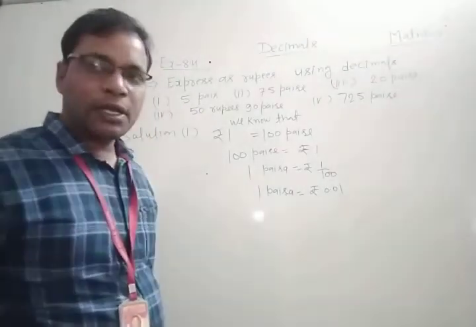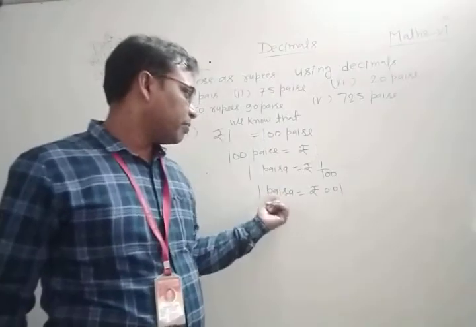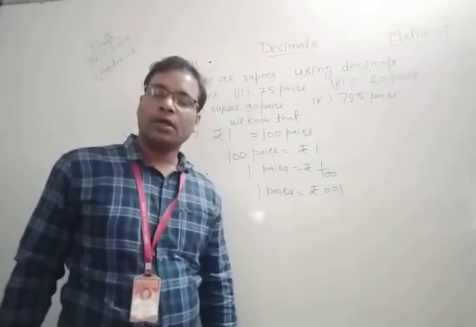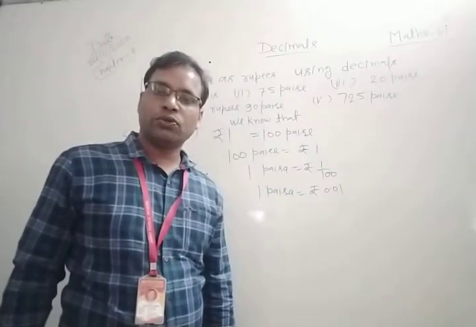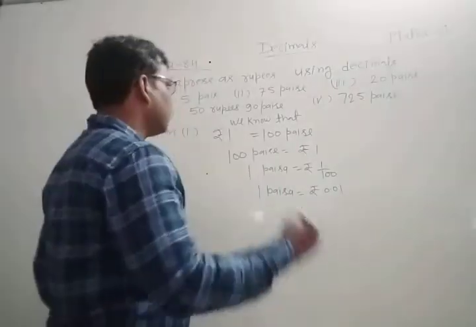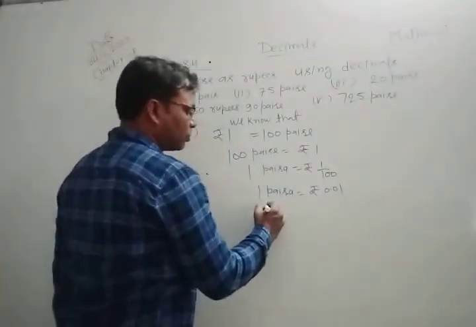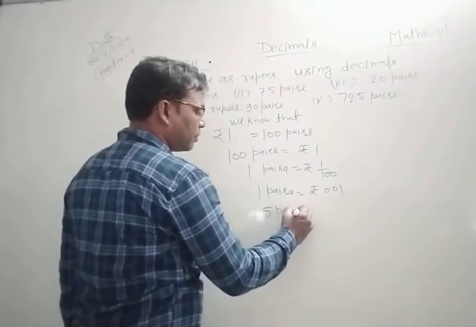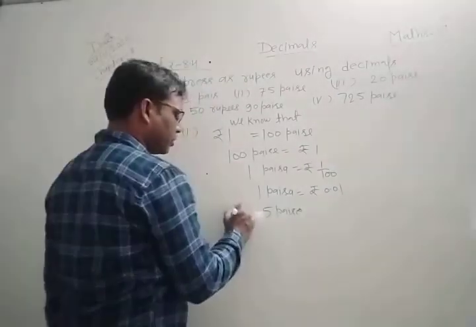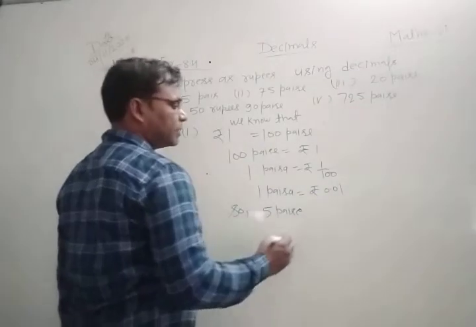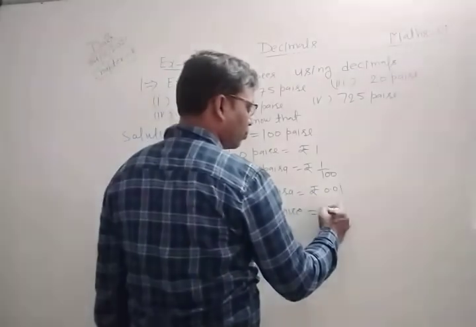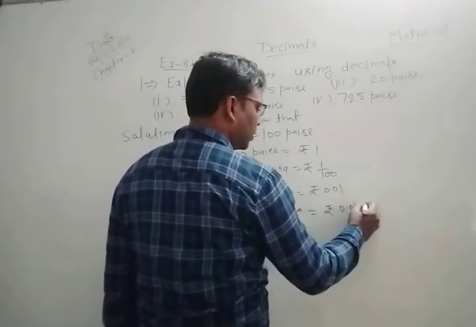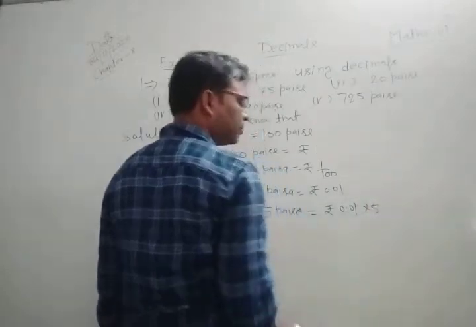The relation is 1 paisa is equal to 0.01 rupees. We have 5 paise, so 5 paise is equal to rupees 0.01 into 5.